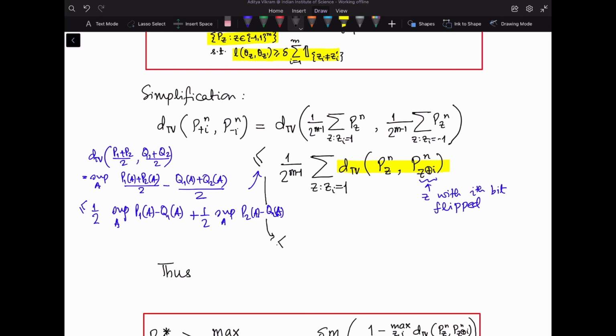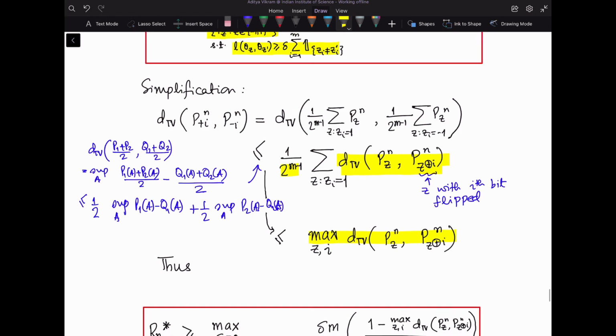So this is less than or equal to... If you replace each term in the above expression using this and sum over all z such that zi equals 1, the possible number of summands is 2^(m-1), which cancels this 2^(m-1). Okay, so you finally get this expression.